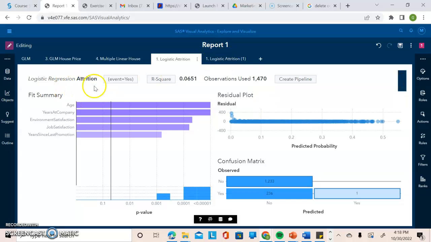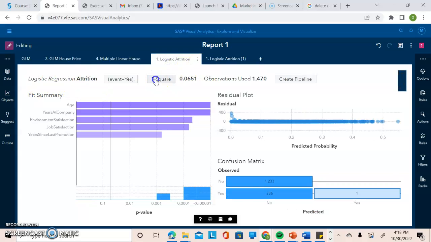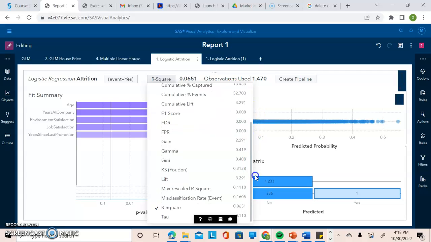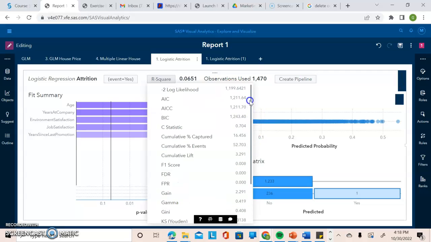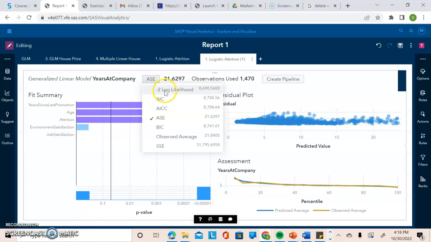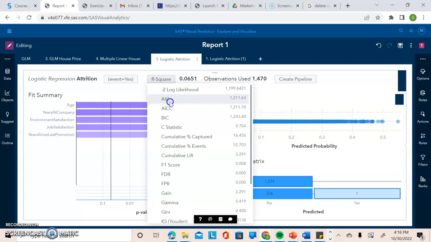Alright, so here's our logistic regression model, which is what we started with, and then we have the generalized linear model. So let's look at our ASE because the GLM does not give us an R squared, and the logistic regression does not give us an ASE. So let's try and find something similar that we can compare against.